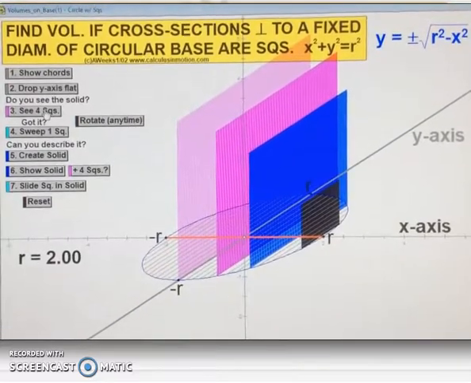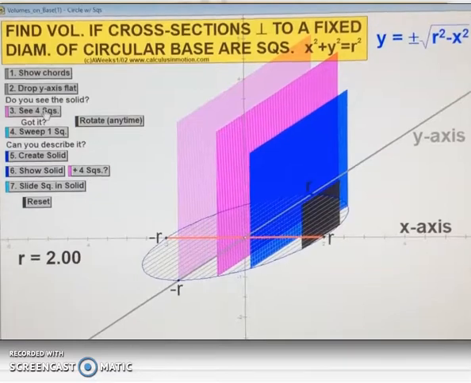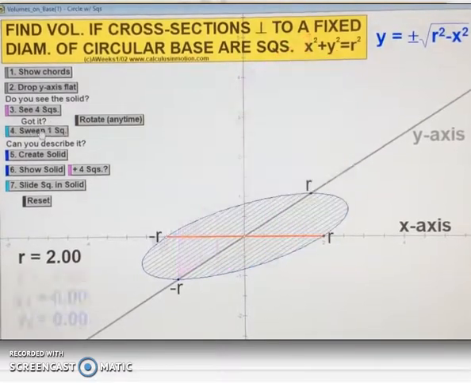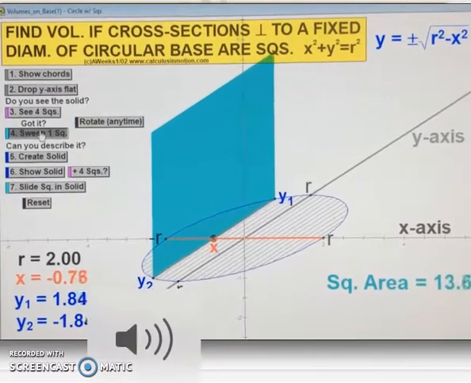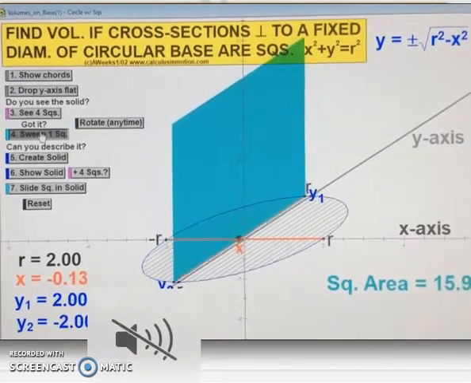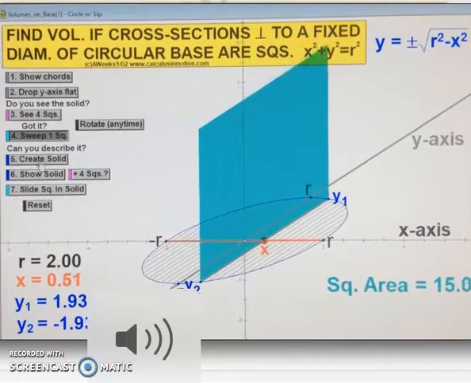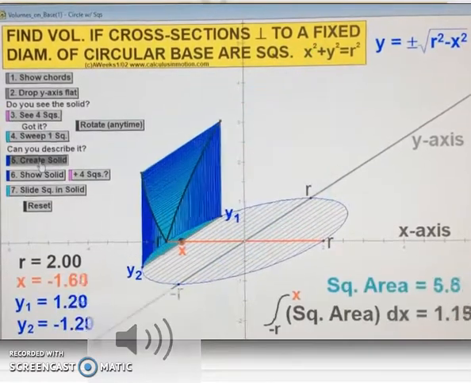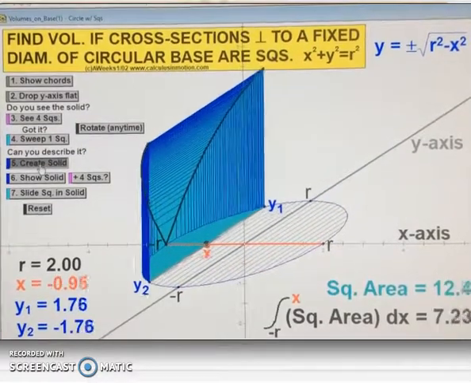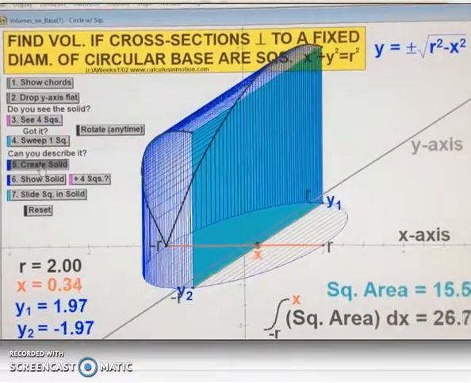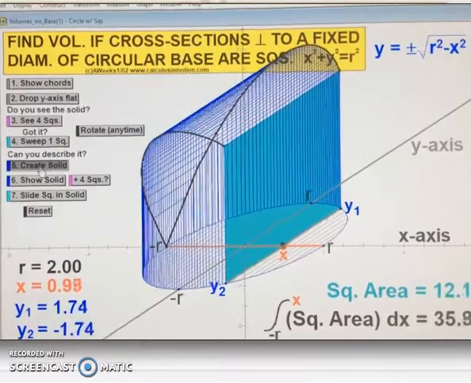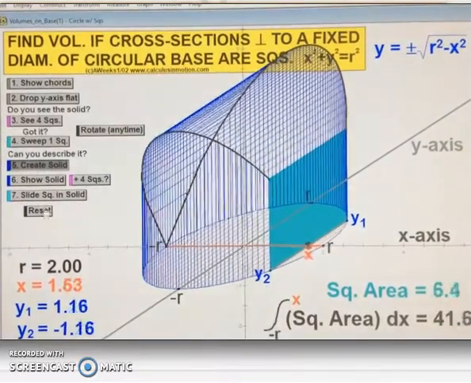So our cross section is going to be squares. And we could sweep a square from the left side all the way over to the right side. Okay, so here we're going to create a solid. That's what the solid would look like. Again, this is called volumes of known cross sections. Okay, so it's kind of neat, and it really helps you visualize what's going on.